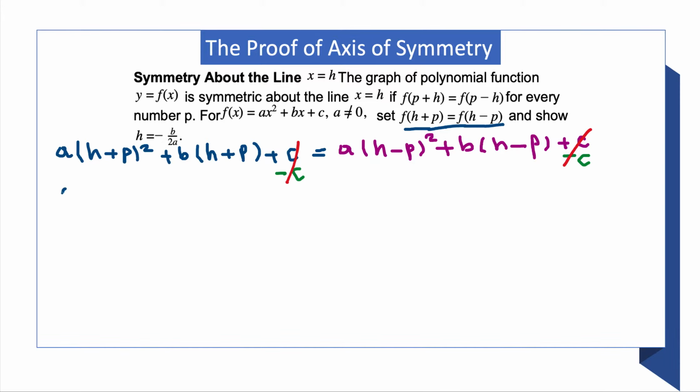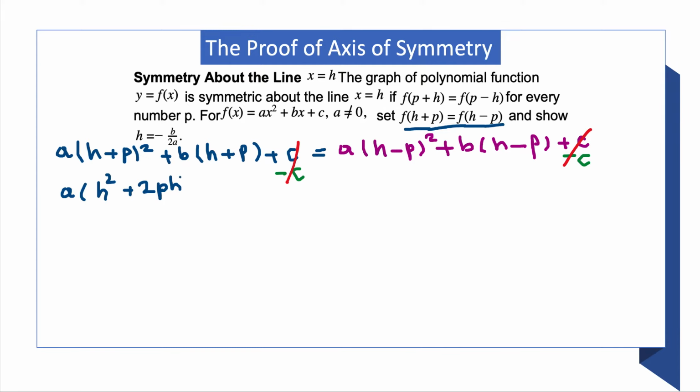And here I'm going to take a shortcut. I can write h squared plus 2hp or 2ph. It doesn't matter in which way we write, because multiplication is commutative. It has a commutative property.